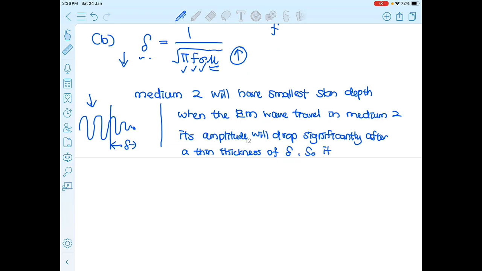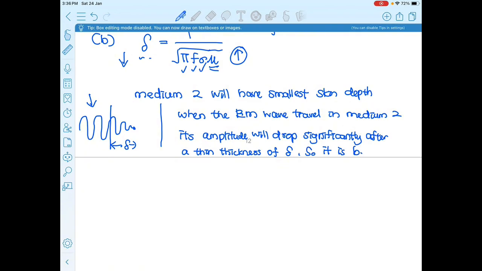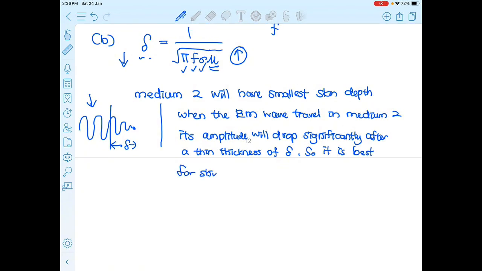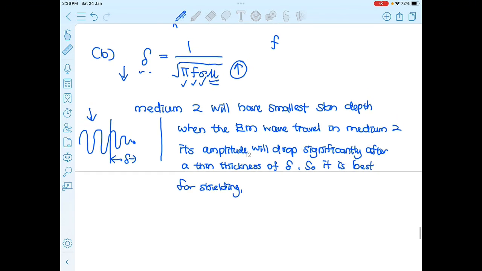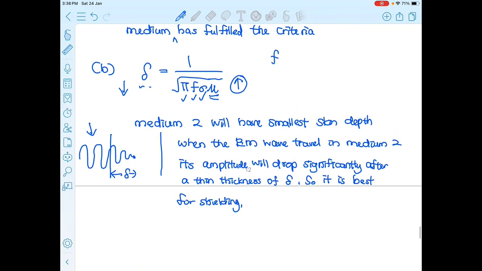So it is best for shielding. Okay, best for shielding. You can explain it this way.